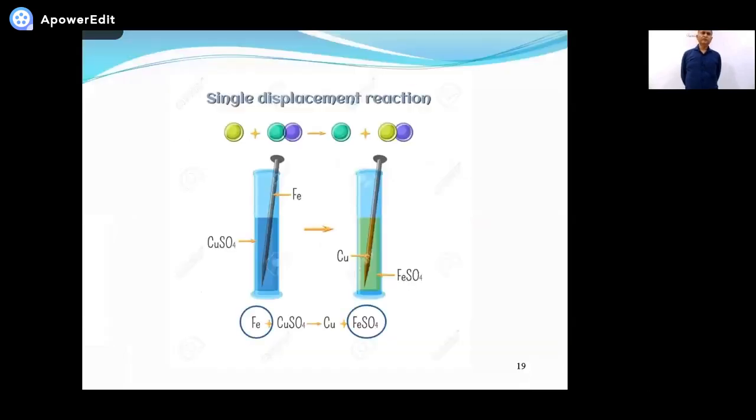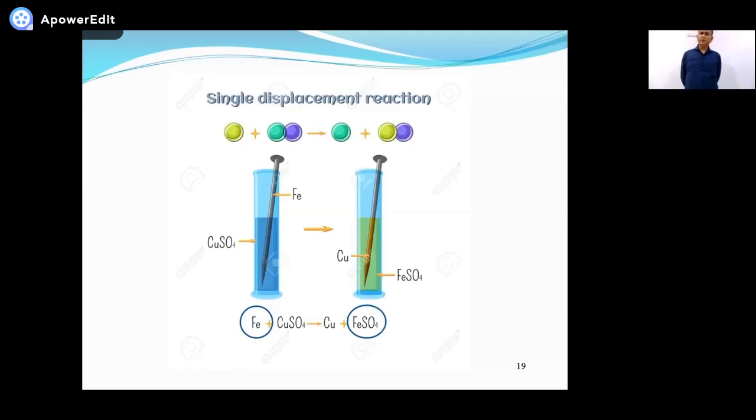So, copper sulfate, a solution. If you put a nail of iron in it, we have just seen that iron is more powerful than copper. What is the color of the solution on the left side? Blue. The solution of copper sulfate is blue. You have seen this in grade 8. When you put an iron nail in it, what will happen?